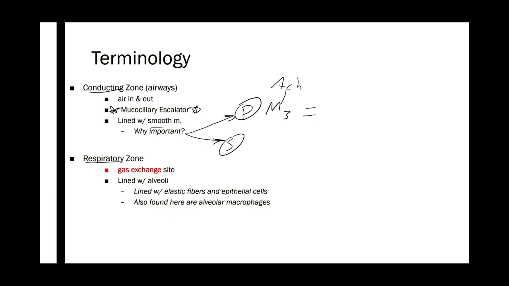Say it in your head. Give you a second. You get bronchoconstriction. The airways clamp down. It's because there's contraction of that smooth muscle. M3 is what G proteins couple to? Gq. Okay.